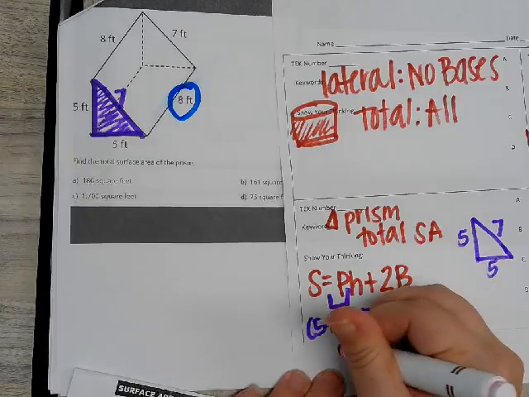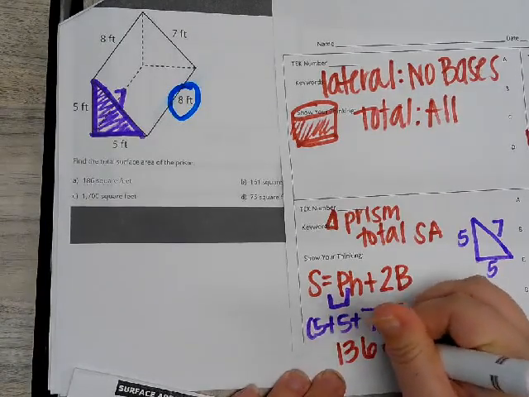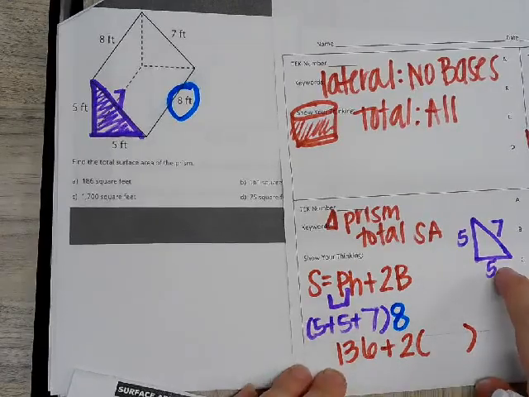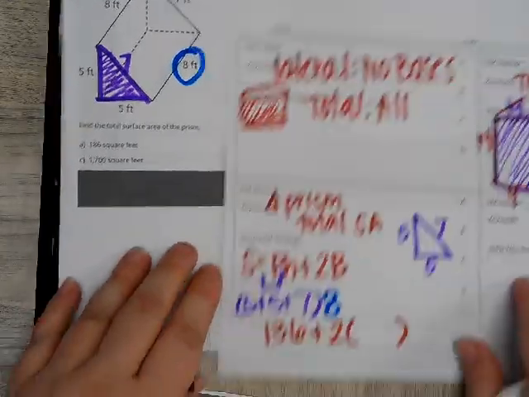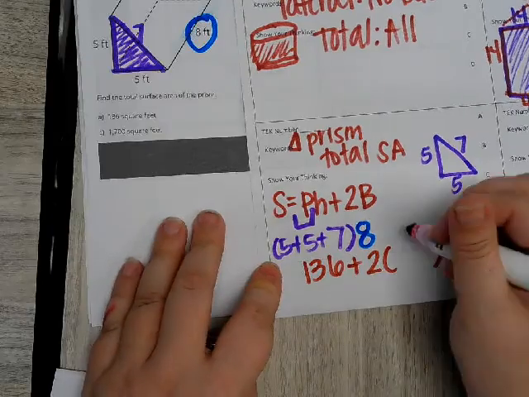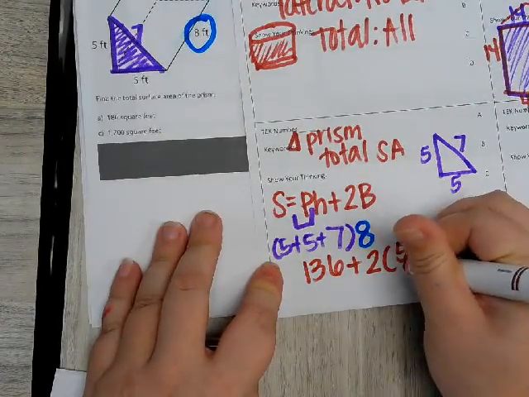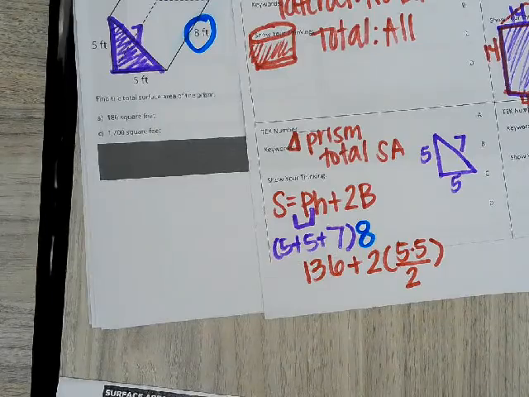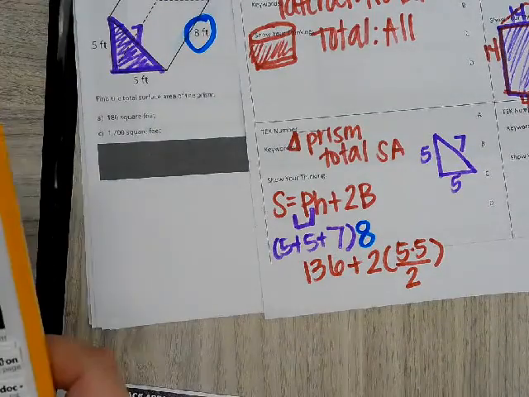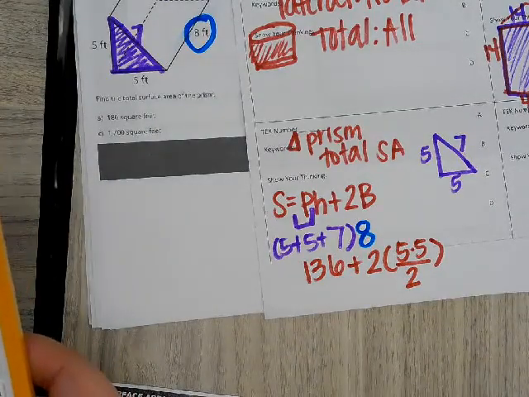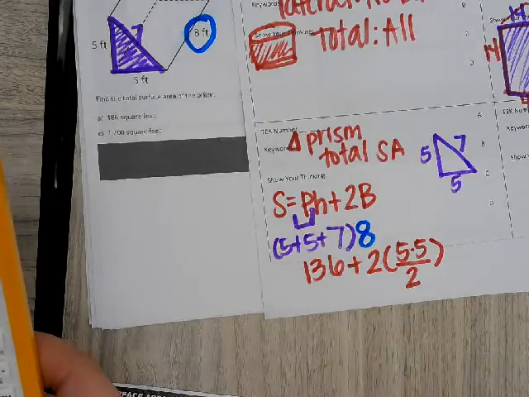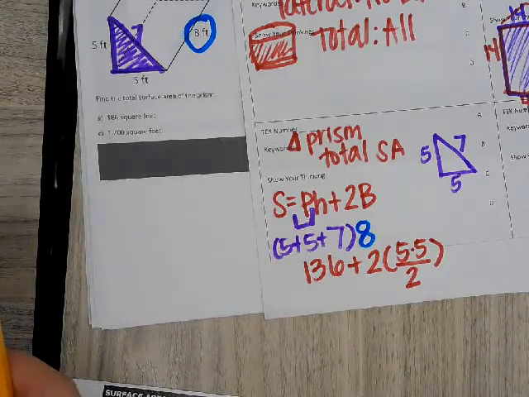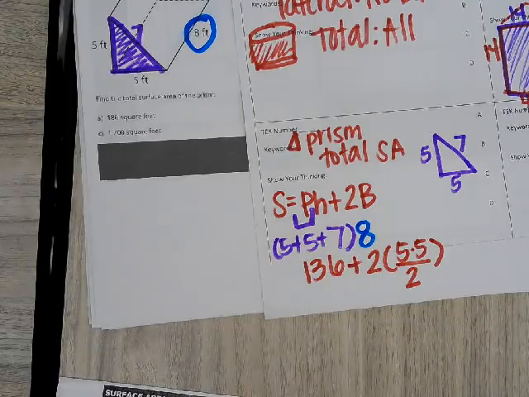So now I'm going to do 136 plus 2 times my area of the base. Remember, it's a triangle. So I'm going to do base times height divided by 2. So I'm going to do 5 times 5 divided by 2. Now let's go ahead and put that in my calculator. 5 times 5 divided by 2. 12.5.